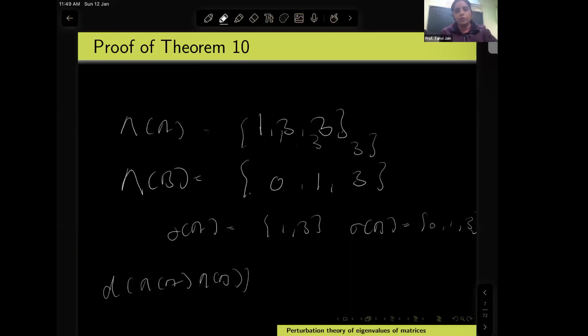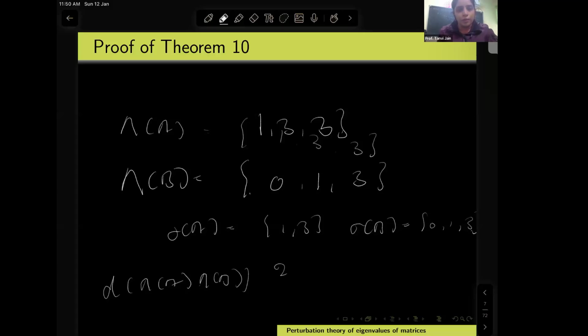We will also come to it later in this lecture. But roughly you can see that 0, 1, 3 and 1, 1, 3, 1, 3, 3 will have distance 2. We can check it out.